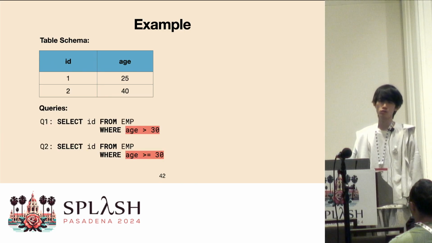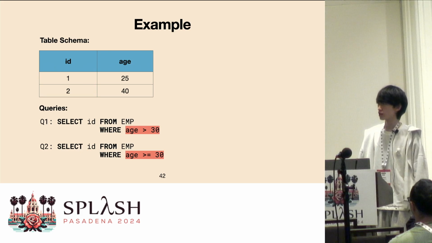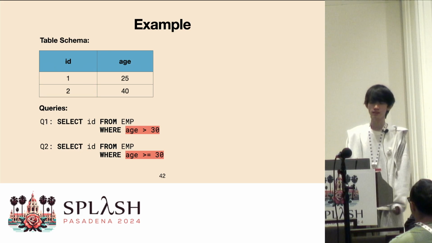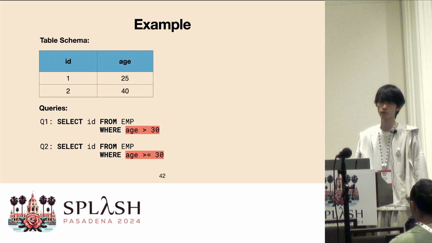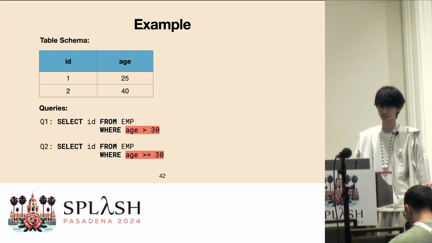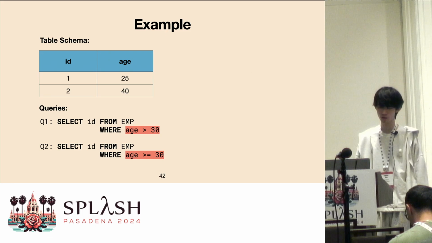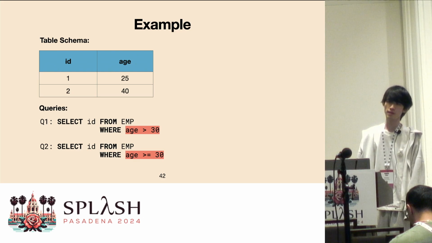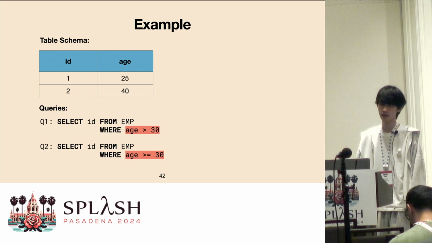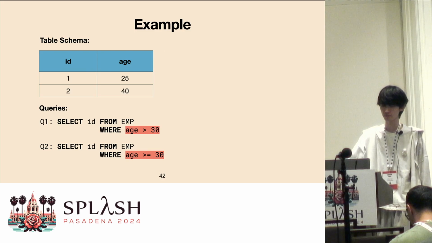And let's look at the two queries we want to compare. Query 1 selects the ID from the employee table where the age is strictly greater than 30. And query 2, on the other hand, selects the ID from the table where age is greater than or equal to 30. The queries look very similar, but are semantically non-equivalent and can produce different outputs.